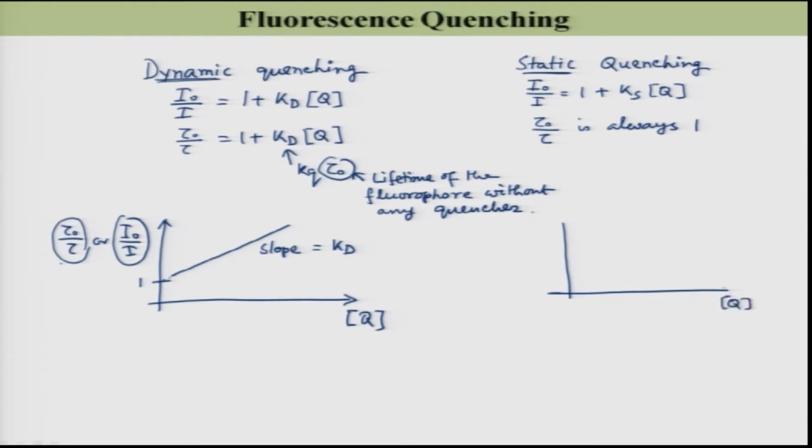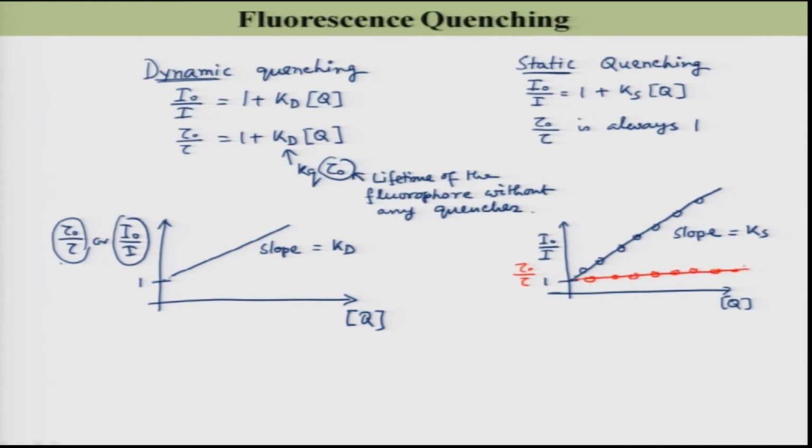if I plot I 0 by I, I will get a line like this, with slope equal to K S and intercept equal to 1. But for tau 0 by tau, the value is constant at 1 even if you change the concentration.